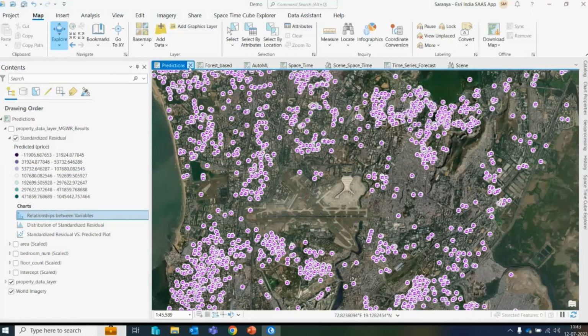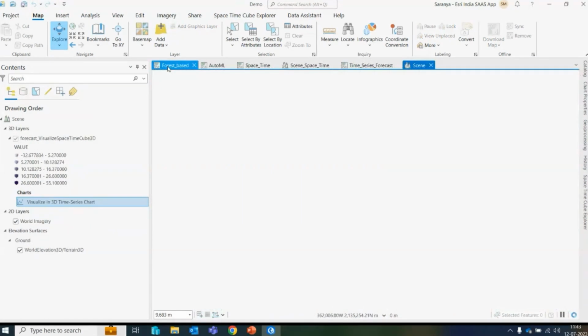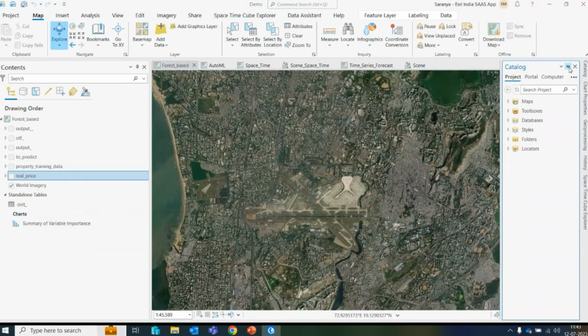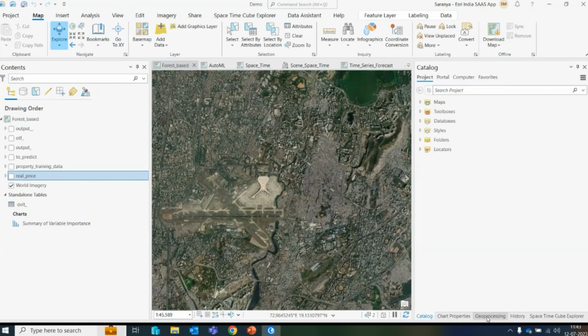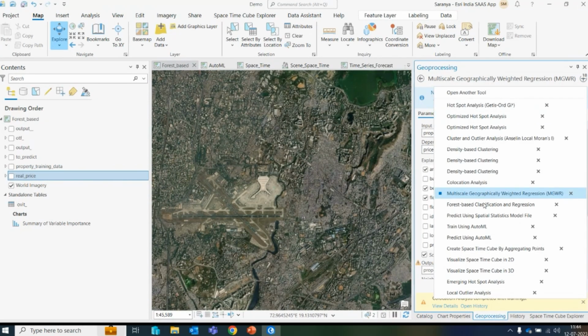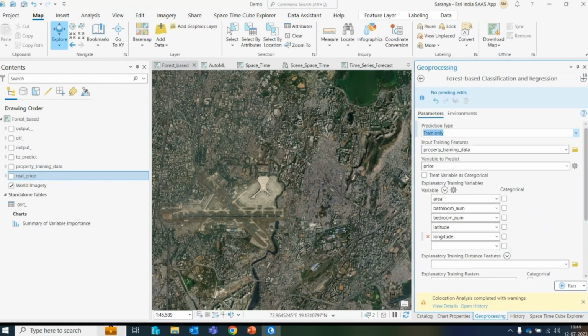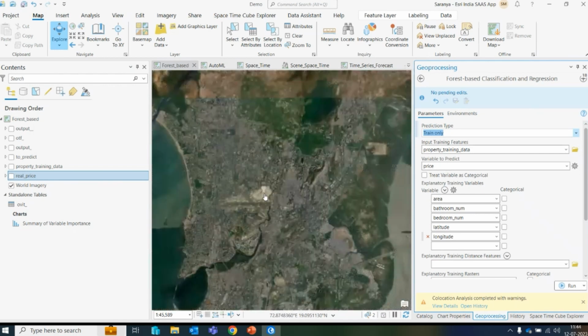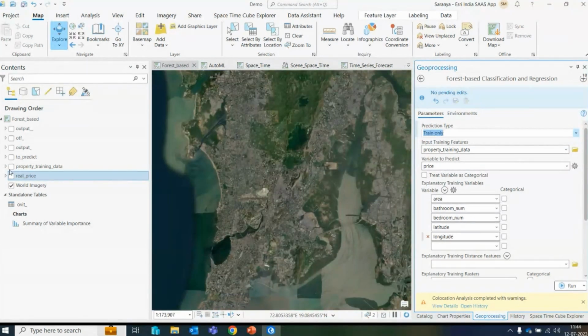Next, I would like to talk about forest-based regression. Most of you might be familiar with random forest. It's the same concept, the same algorithm. Here I have training data.